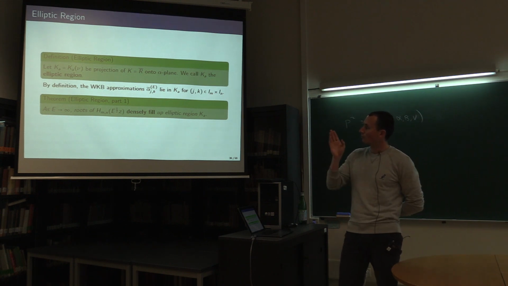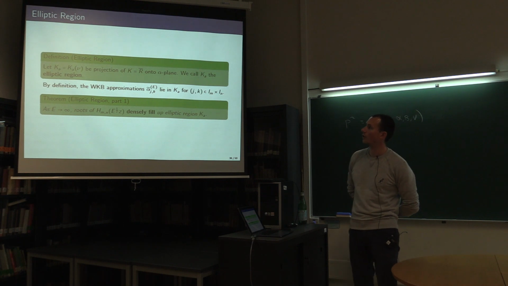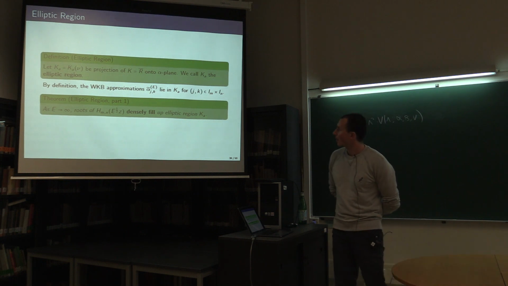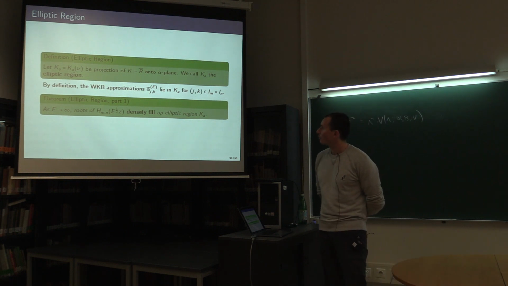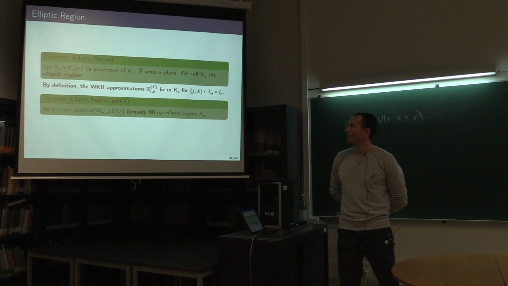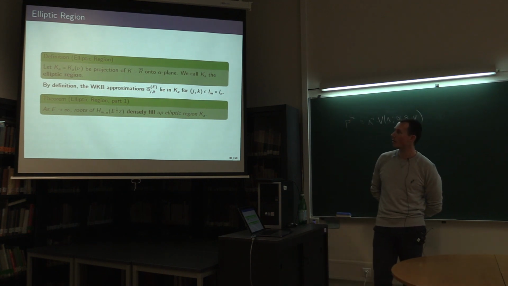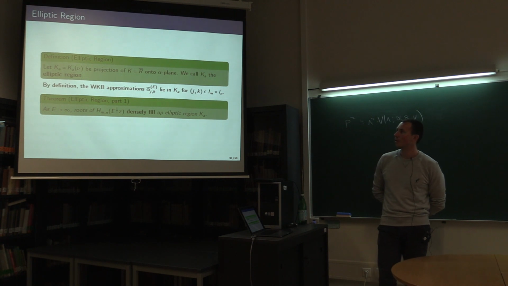We project it onto the alpha plane, so we get a compact set Ka, and we call this set the elliptic region. By definition, the WKB approximations of the rescaled roots of HMN lie in this elliptic region.